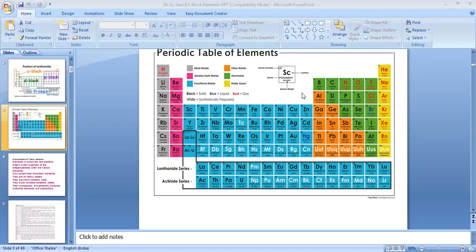Then we shall discuss the electronic configuration and all other relevant properties. So I would like to show you first the atomic numbers, then the names, and then we shall proceed with the electronic configuration. So take a look at the names and the atomic numbers.